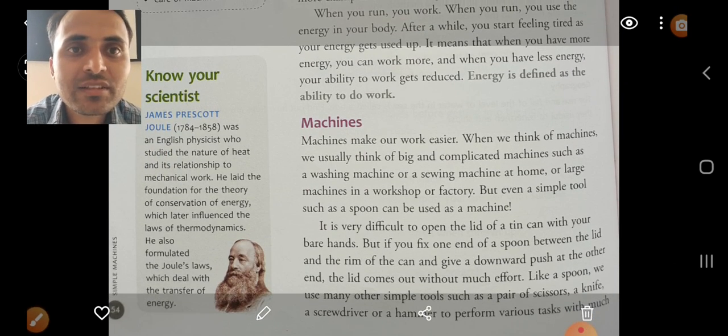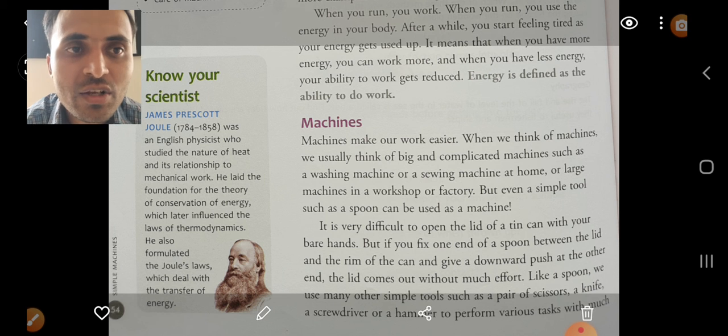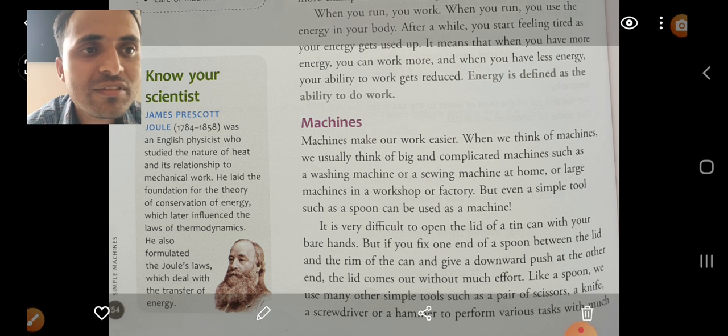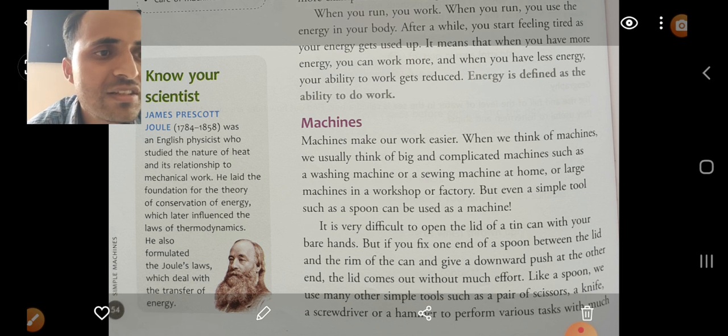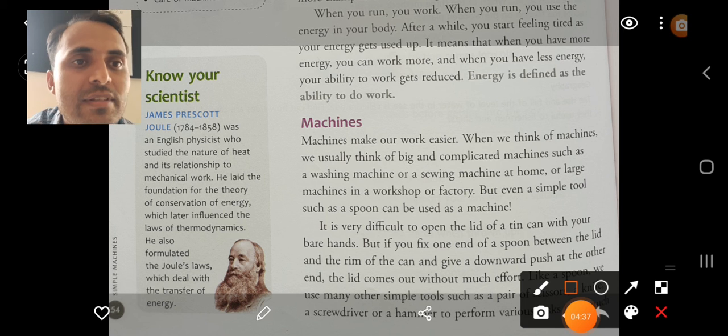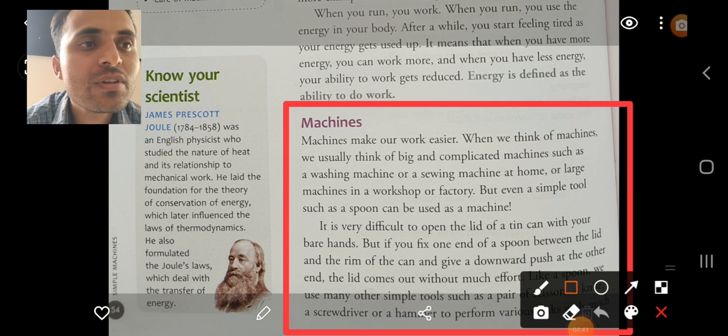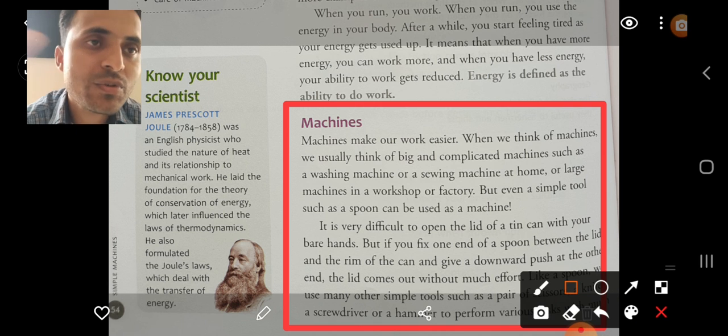So before that we will start with the machine definition. What does machine mean? What is the advantage of a machine, and what are the interesting facts regarding machines, we will see.